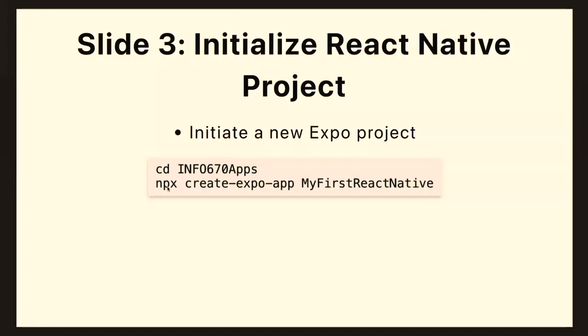So what we're going to do is cd into the info670 app directory. Okay, the root of the repository directory, and then create the app. Okay, we want to create the app inside the directory so that you will be able to push the code back to the repository.